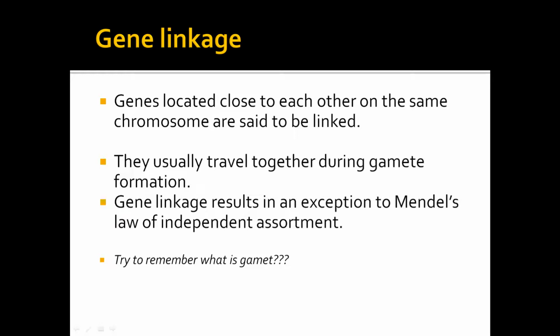As you saw in the third statement here, gene linkage results in an exception to Mendel's law of independent assortment, because linked genes usually do not segregate independently. Once again, try to remember what a gamete is, and the previous lesson about genes and how they're located on the chromosome.